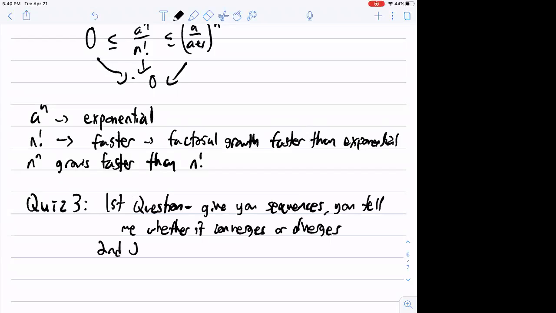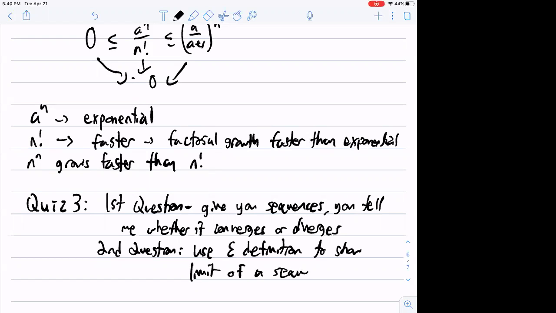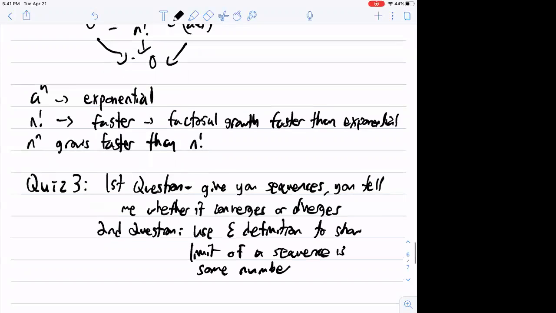The second question would be to use the epsilon definition to show that the limit of a sequence is some number. It's like the ones I did last discussion.